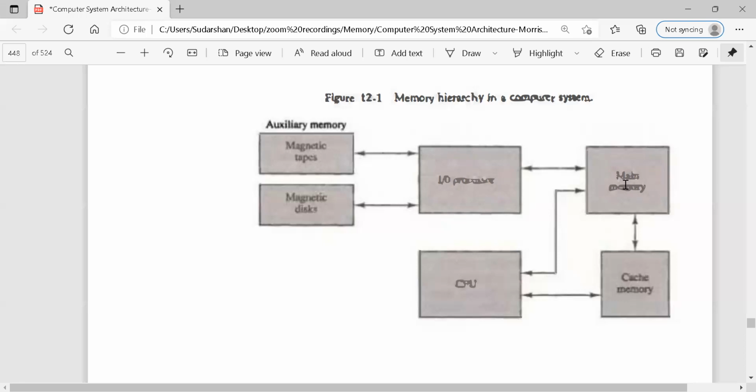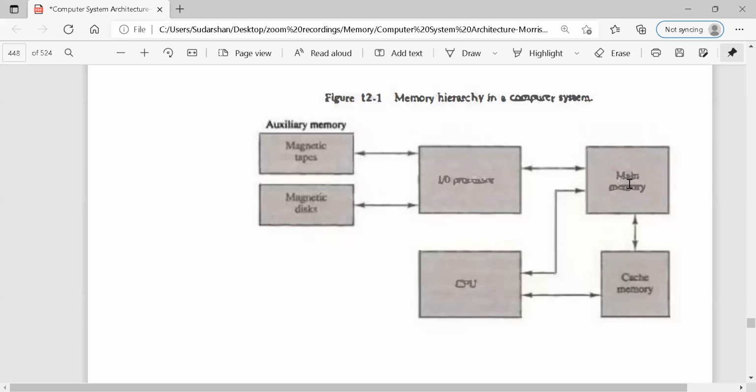Let us come to main memory. You know, main memory is also known as RAM, random access memory. When I say RAM, it is asynchronous dynamic RAM. Asynchronous means the read-write operations that are taking place in DRAM, dynamic RAM, are not synchronized with your system clock.